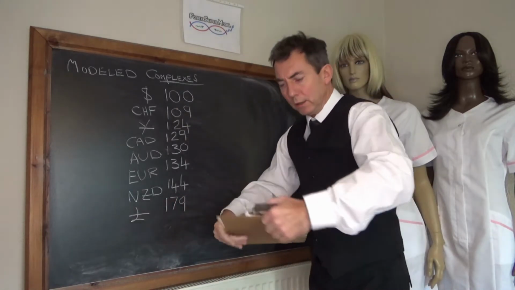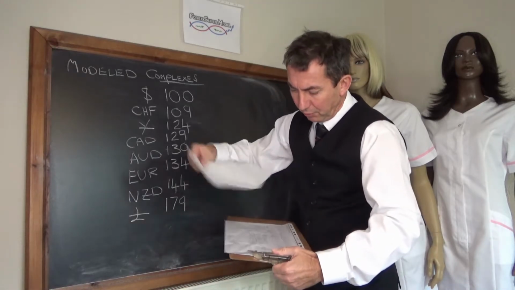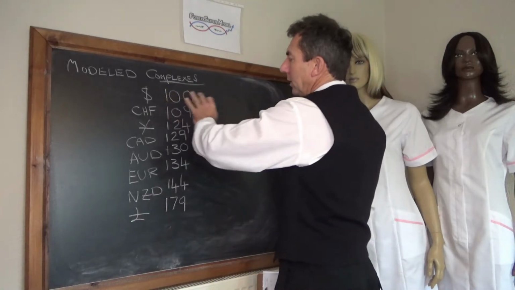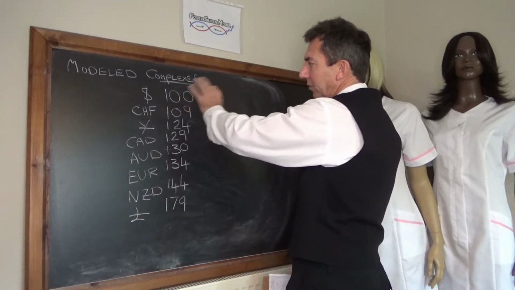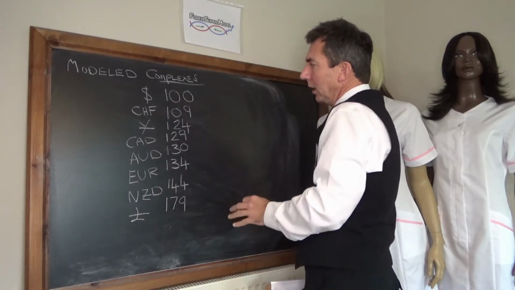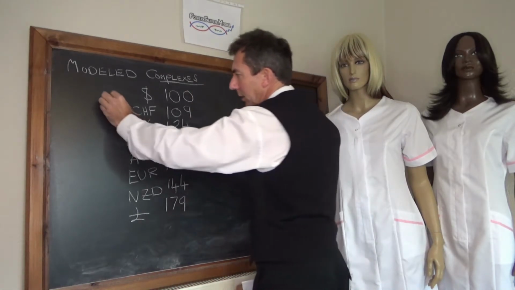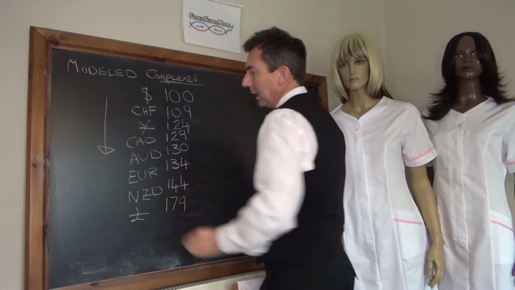Right, so a quick chat about that before we move on. As I said, the dollar is the base, with base volatility of 100, and then they get more volatile as we go down the list.